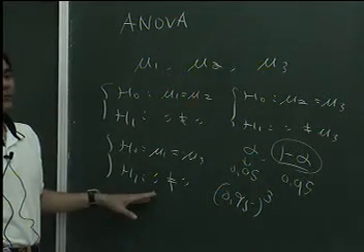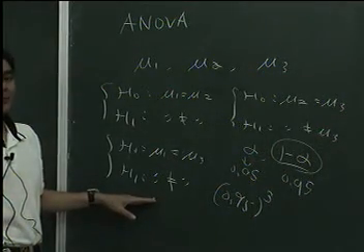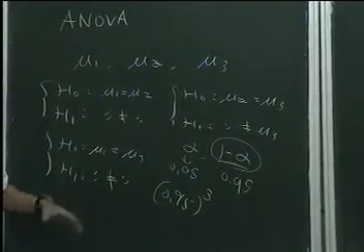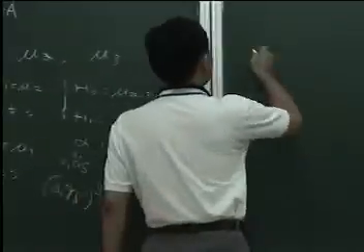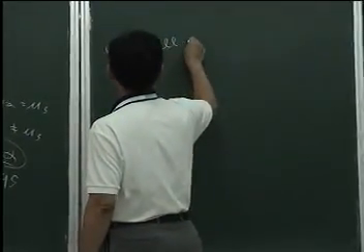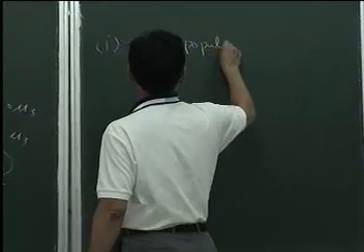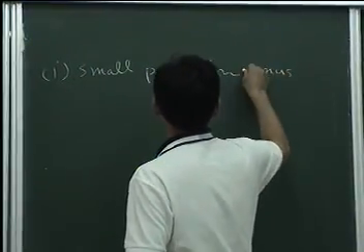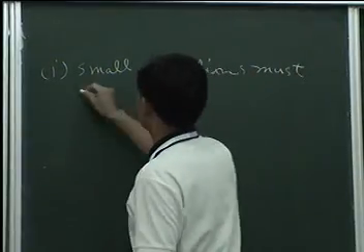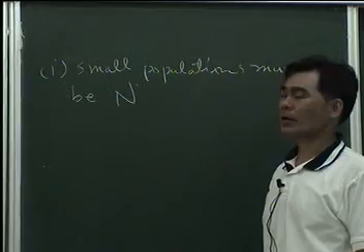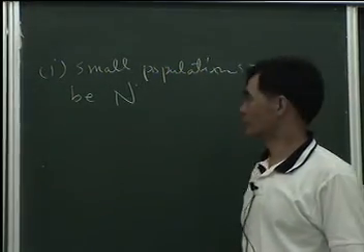And through this kind of analysis, we have hypotheses, and it has to hold certain assumptions. So the first assumption is that those small populations must be normally distributed. They all have to be normally distributed.